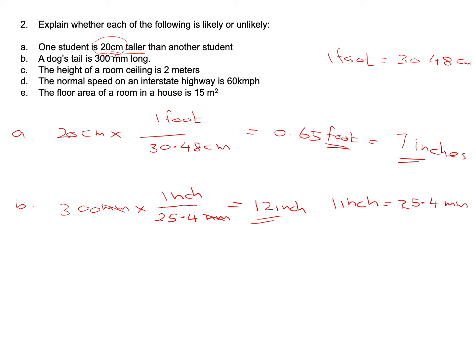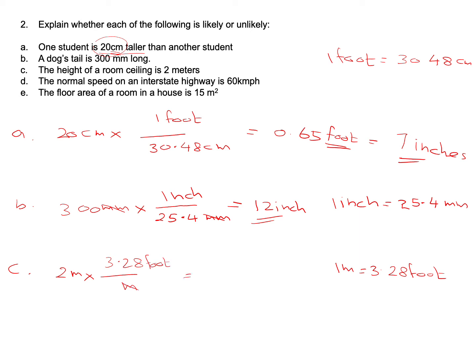And part C is the height of a ceiling is 2 meters. So if you are not familiar with meters, you can convert to feet. So 1 meter is equal to 3.28 feet. So now you can convert this to feet.